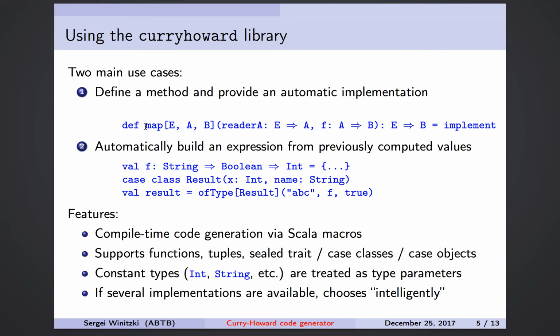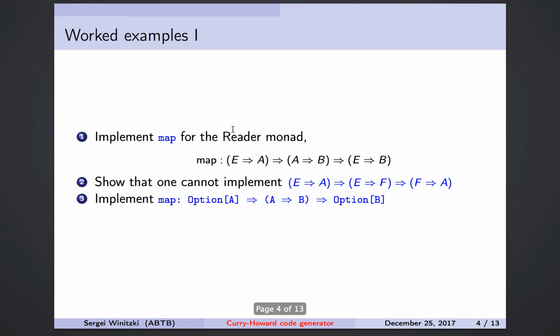So suppose you define a method. A method is just a Scala function that has this syntax, and it can have type parameters. So imagine I wanted to implement that map function from the previous slide.